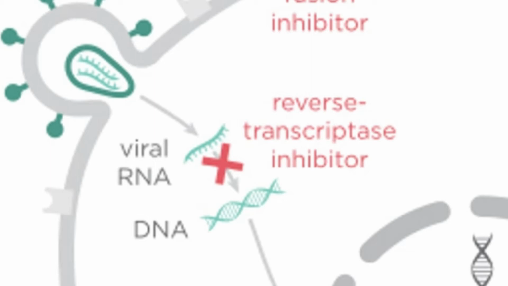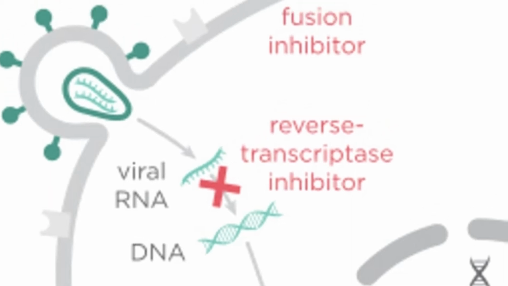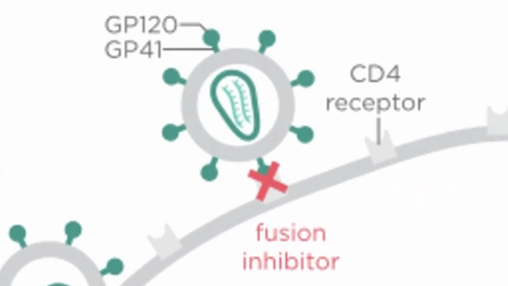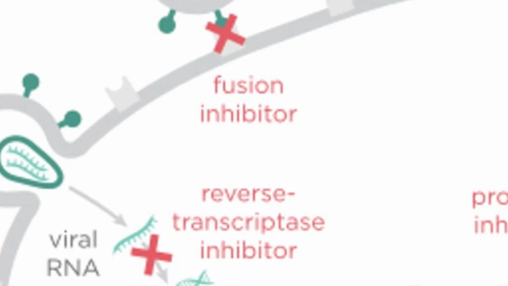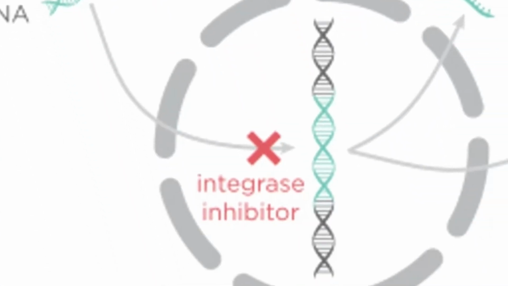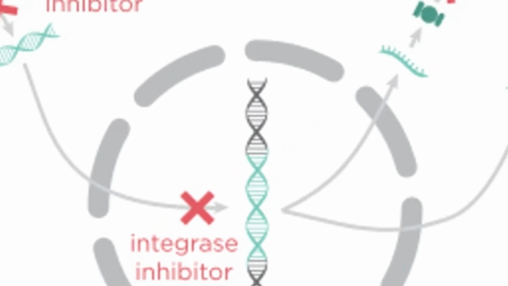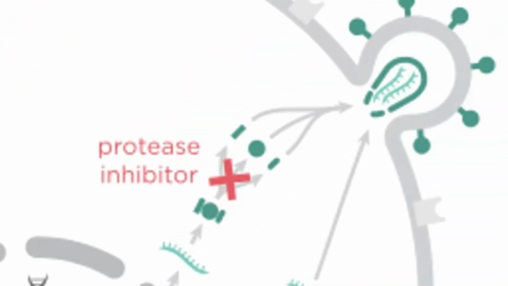Some of them target reverse transcription, just like the first drug, azithromycin. Some of them block the virus from fusing, so they block attachment and penetration. Some of them block the integration of the newly reverse transcribed DNA into the host cell chromosome, and some of them block the ability of the proteins to convert the inactive virus into its active virion form that you might remember from chapter 13.